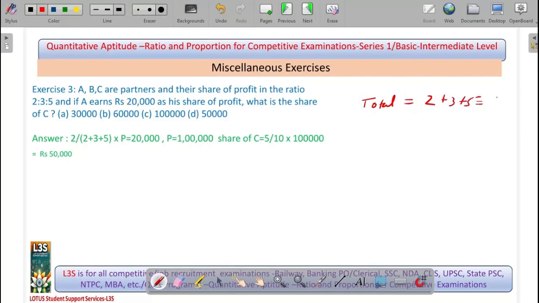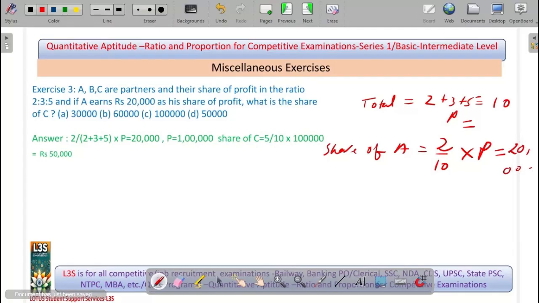So share of A is equal to 2/10 into the total. Say the total they have earned is P. Now 2/10 P equals 20,000.